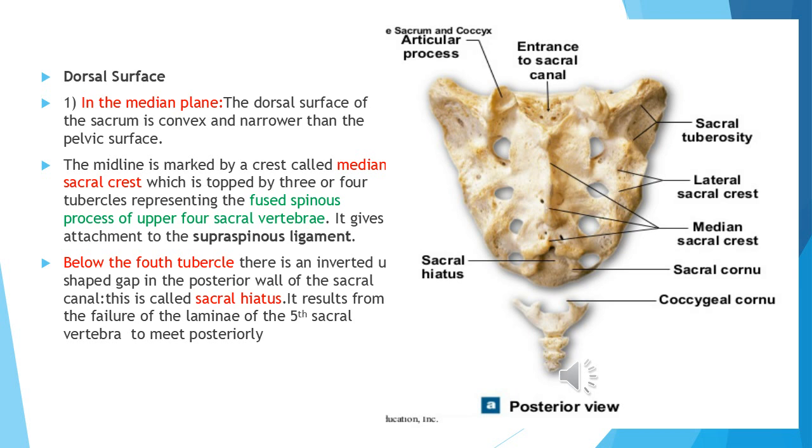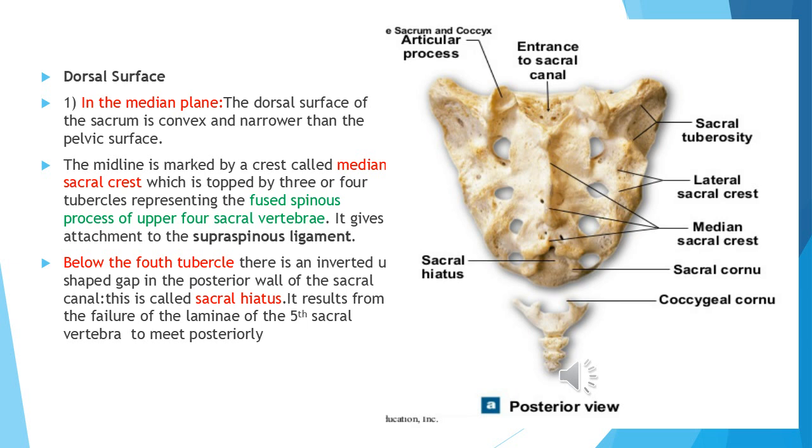Then below the fourth tubercle, you can see an inverted U-shaped gap in the posterior wall of the sacral canal. This inverted U-shaped gap that you can see below the fourth tubercle in the median plane of the dorsum of the sacrum is known as the sacral hiatus.